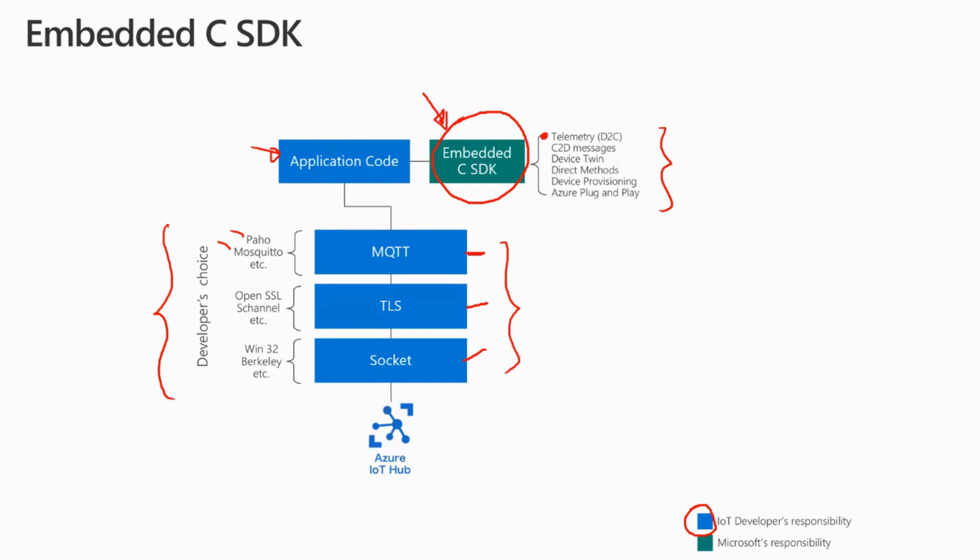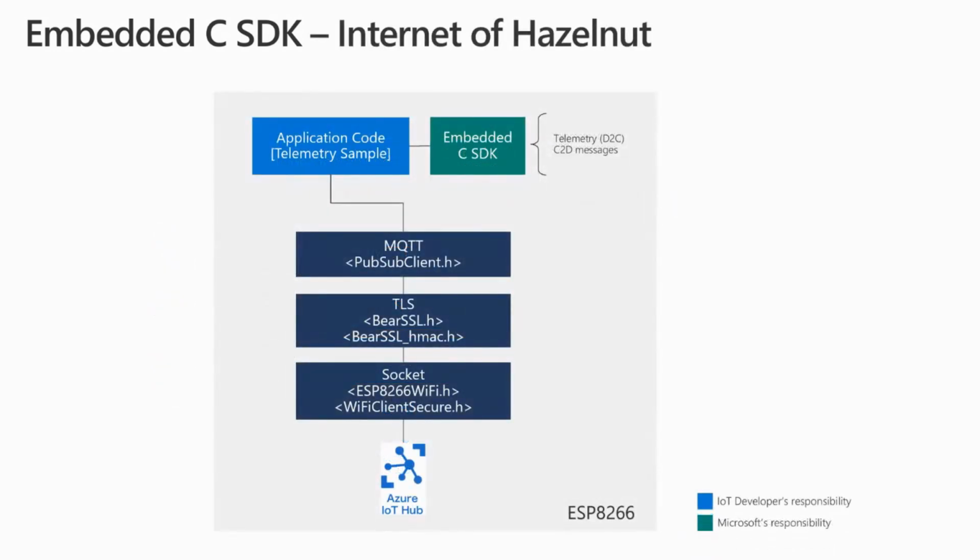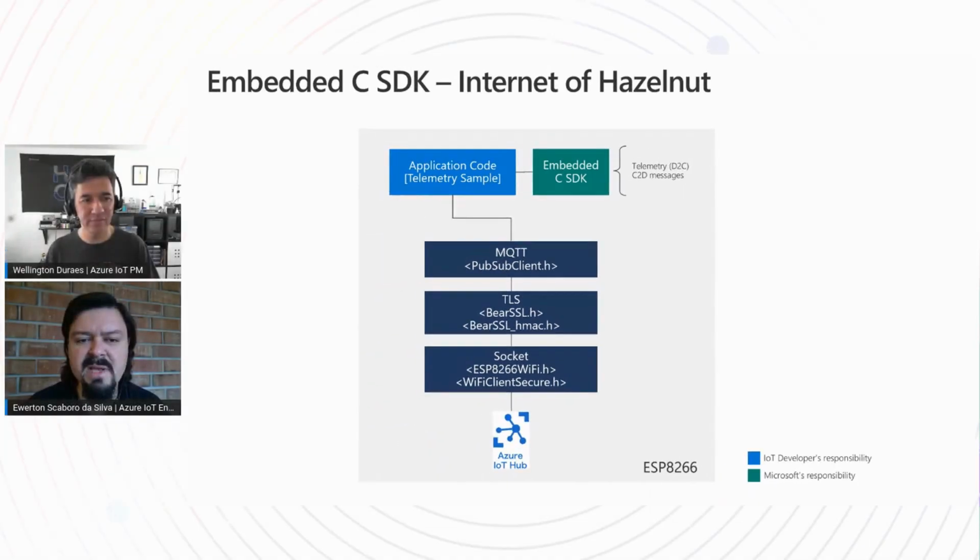But let's move from this theoretical view to take a look at the reality that we're creating here. Ewerton, moving to you. Yes, the project that you've created is based on the sample that we have in the repo that we've created for the ESP8266 board using Arduino as a development environment.